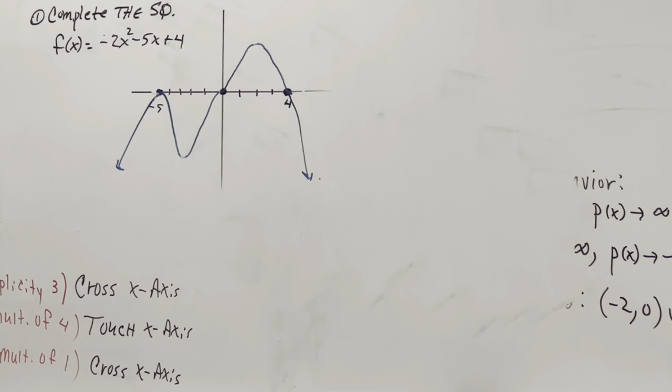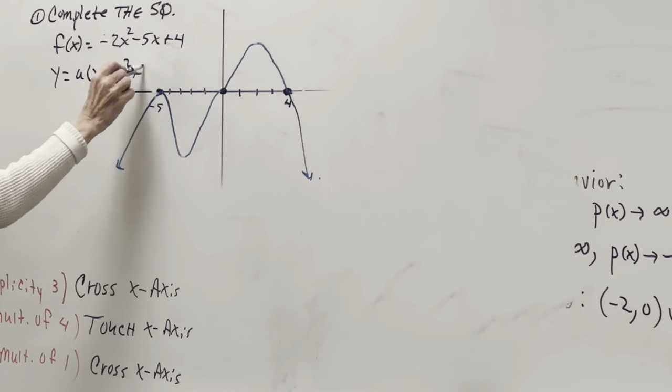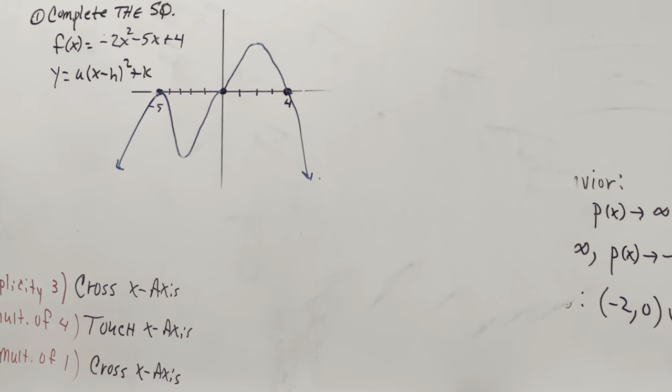Then you gotta go through the process of completing the square. I know it's tedious, but you gotta go through it, like I did at the beginning of class, and put it in vertex form. In that form, now I can name the vertex, find the x-intercept, find the y-intercept, and sketch it. That's what I'm looking for. I may have a few more items on there, but basically, a quadratic, you can complete the square, put it in vertex form, and then sketch it.